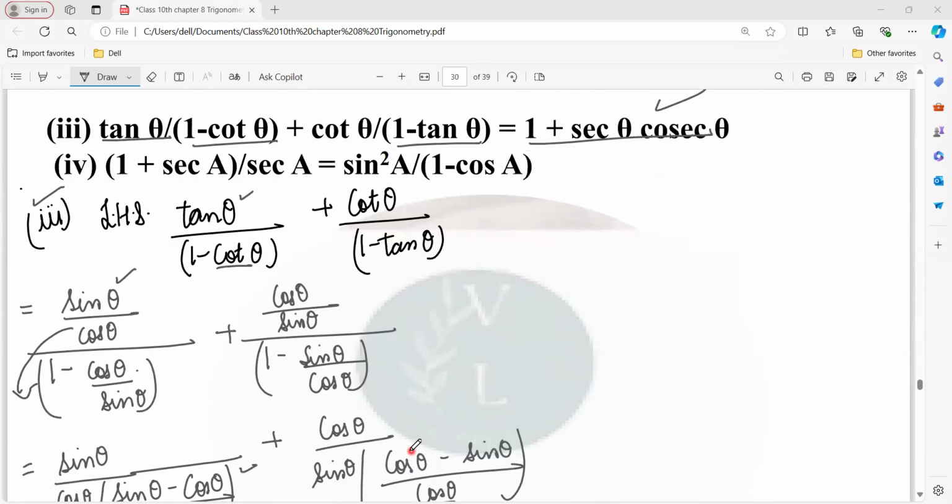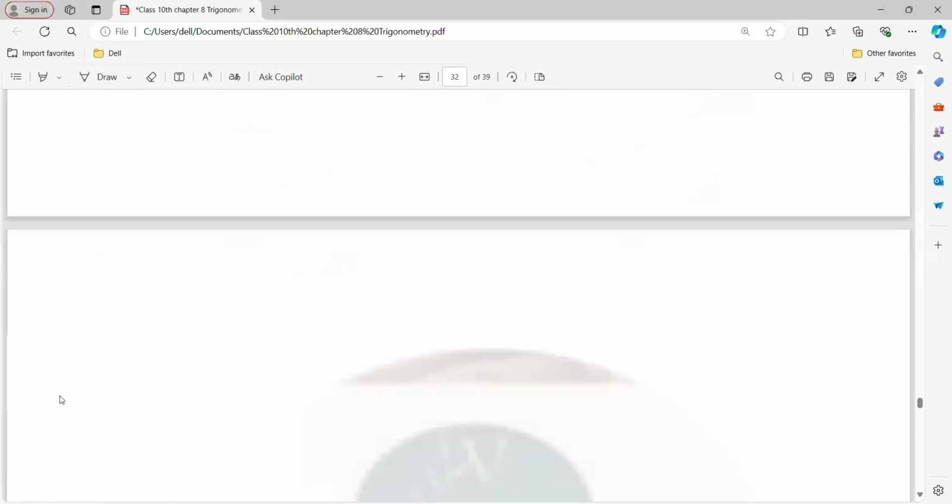Now let's start the part 4th. In the 4th part, we have 1 plus secant theta upon secant theta equals sine square theta upon 1 minus cos theta. Okay, let's solve it.